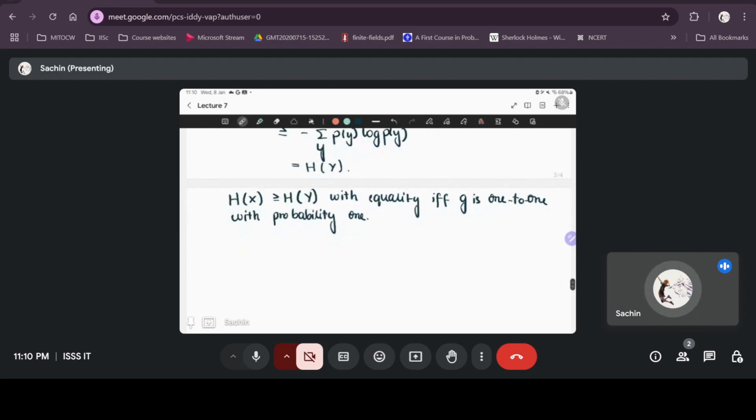So what that means is, what with probability 1 means is the following.